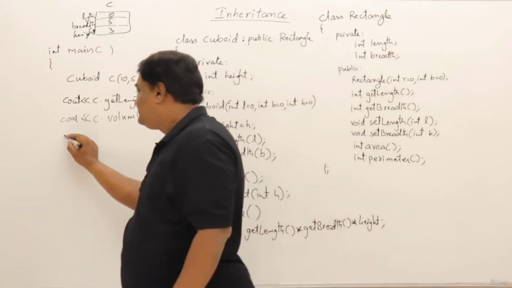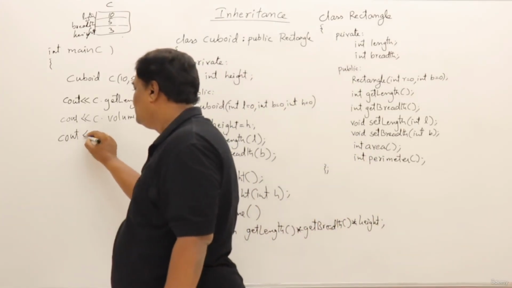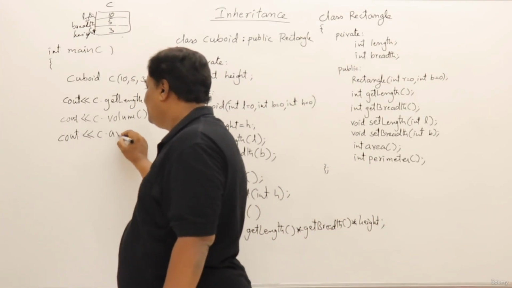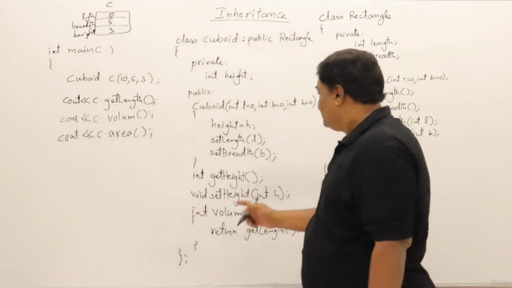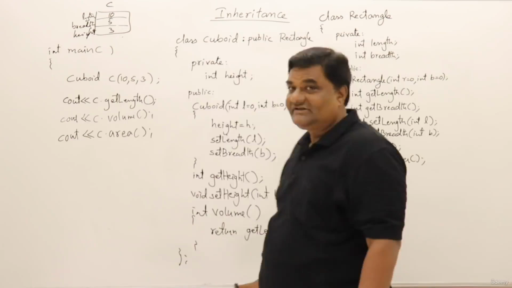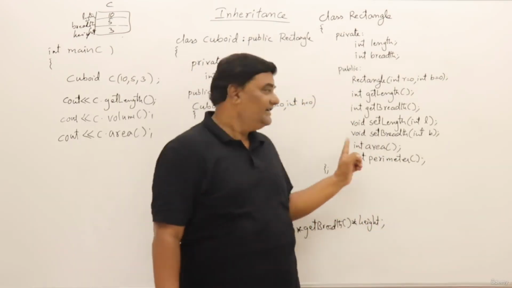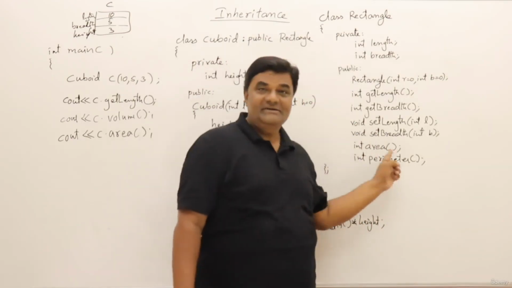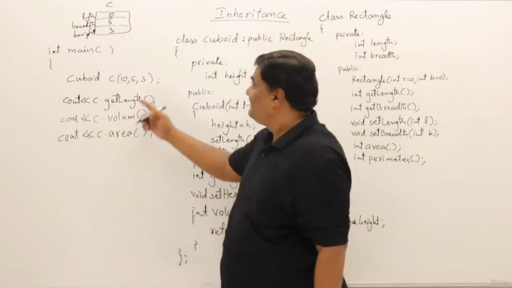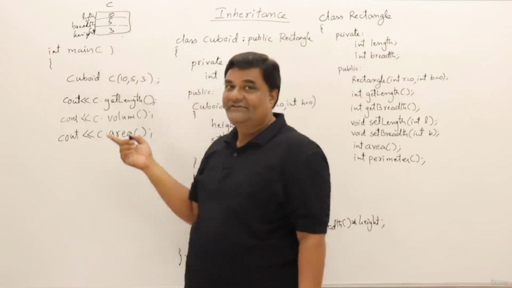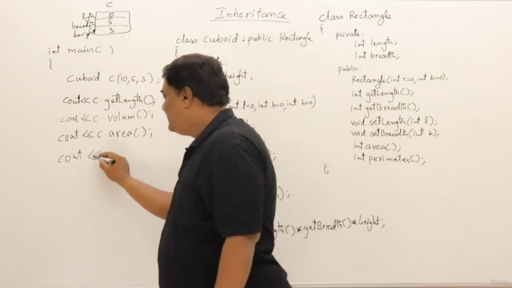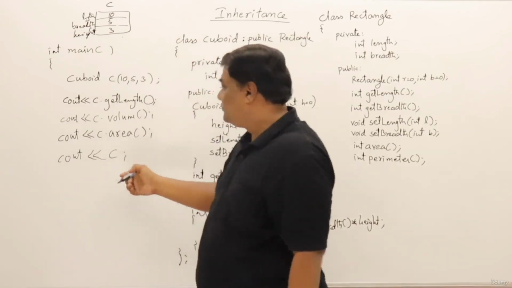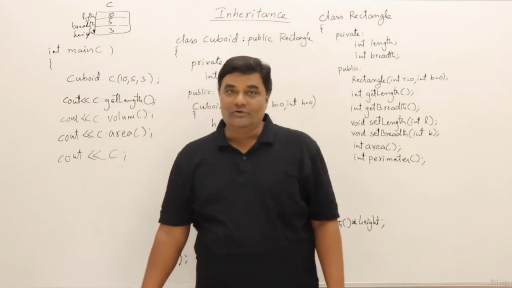Can I say cout c dot area? Yes, I can. So which function will be called? This area function will be called, which is there inside the rectangle. So this area function will be called, that is present inside the rectangle, and it will find out 10 into 5, that is 50. At last, suppose I want to say cout C. I want to display the object of cuboid.